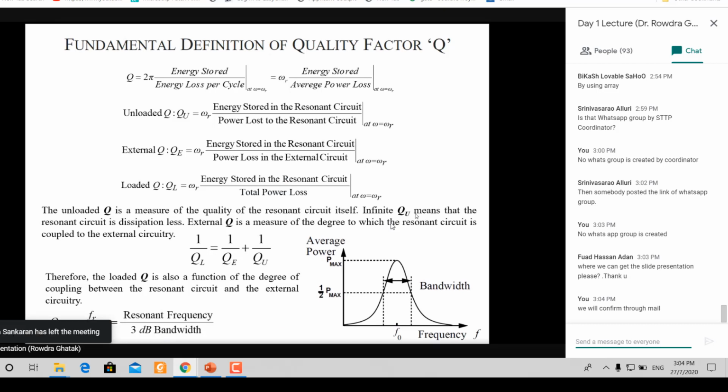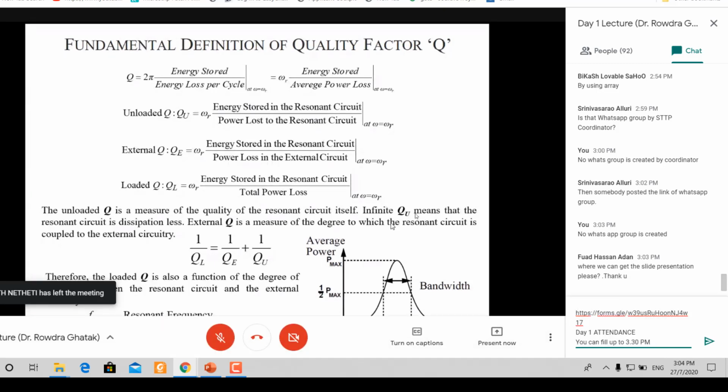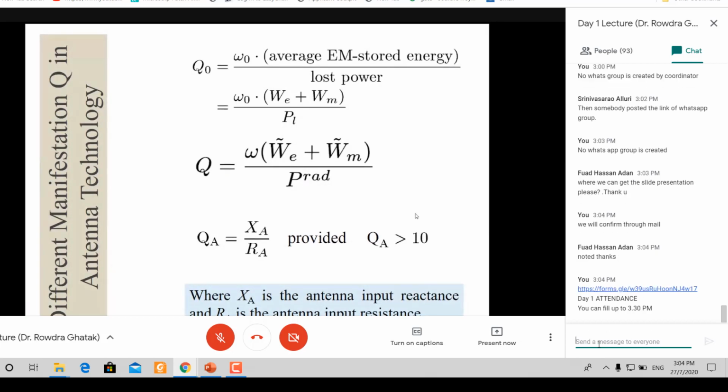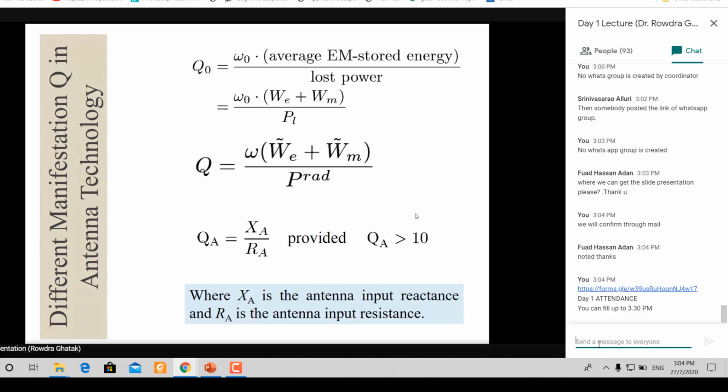So when there are different modes in close spacing between them, the age-old way of finding the quality factor fails. Therefore you have to devise different techniques of finding the quality factor. Though the information content is the same, that is, average EM energy stored by the power loss.